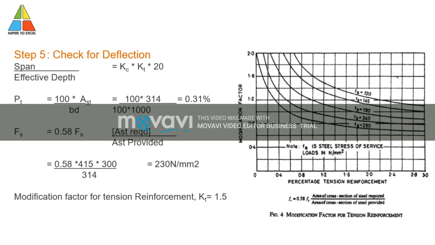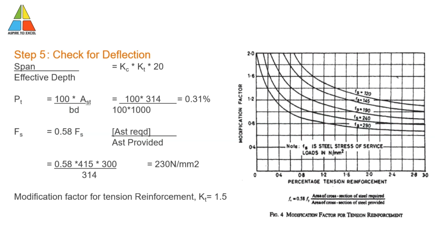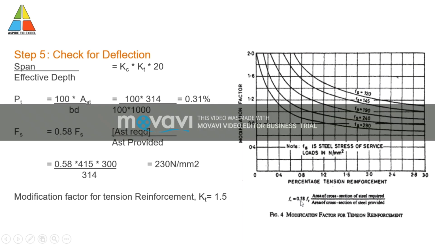Deflection would be maximum at the place where bending moment is maximum, right? So it would be near the mid span only. At mid span the area of steel is 314, and the percentage of steel is 0.31. Fs is equal to 0.58 fy times the area of steel required by the area of steel provided.